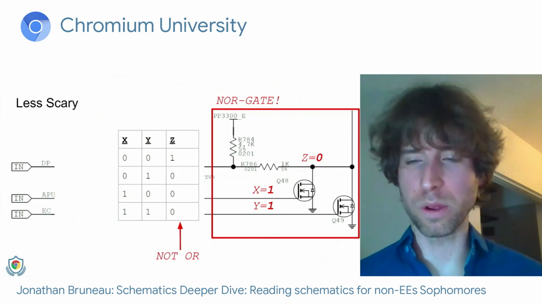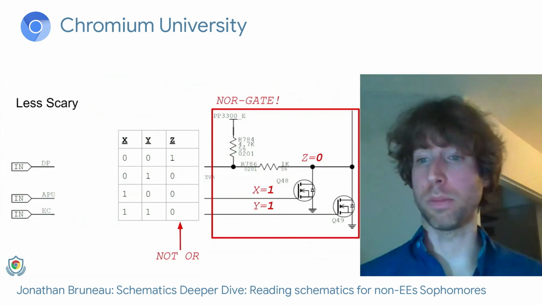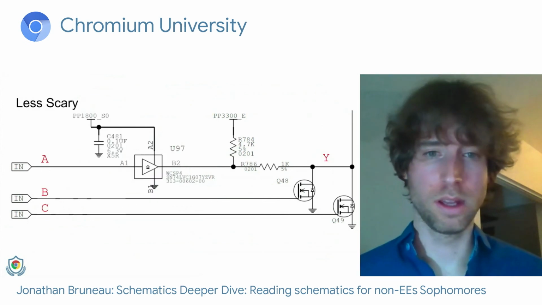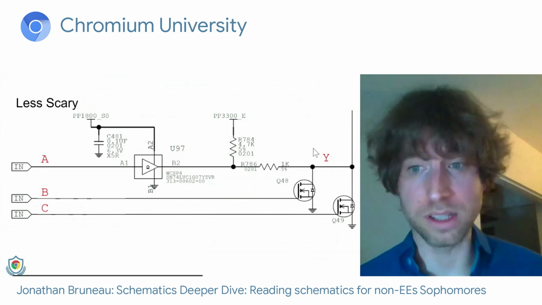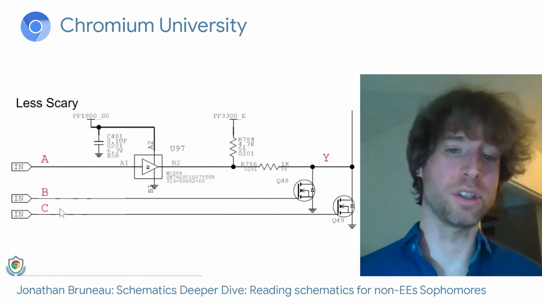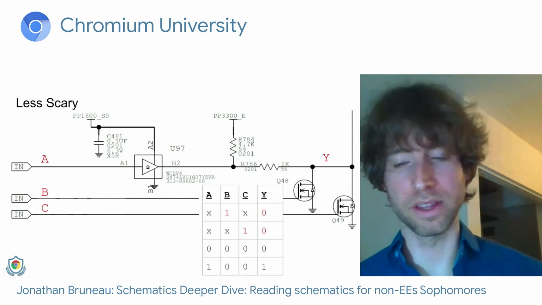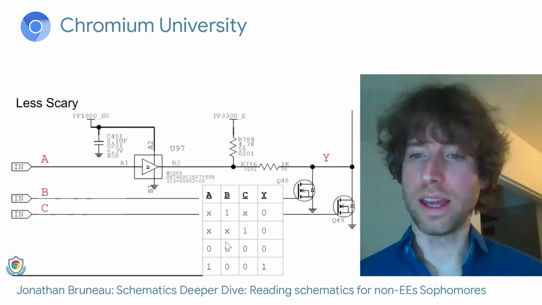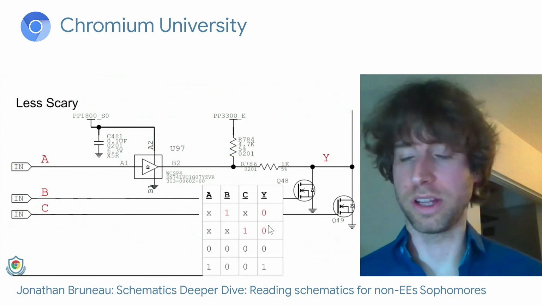So now we were able to take 2 building blocks that we learned before and combine them. We can take this a step further. Suppose that now that I know this is a NOR, I can look at the entire circuit and say, I have inputs A, B, C, and then output Y. I can build this logic table here where if B or C are 1, I get a 0 on the output always.